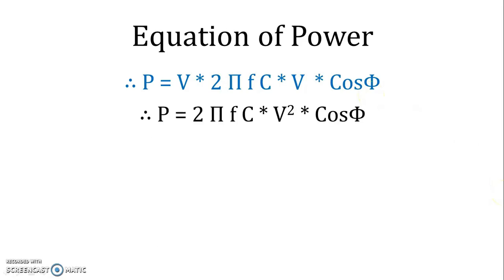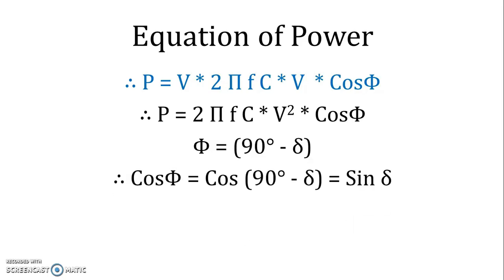If we simplify, we can write the equation of power as 2 pi f C multiplied by V square multiplied by cos phi. Now phi is the power factor angle and it can be written as 90 minus delta, where delta we know is the dielectric loss angle.